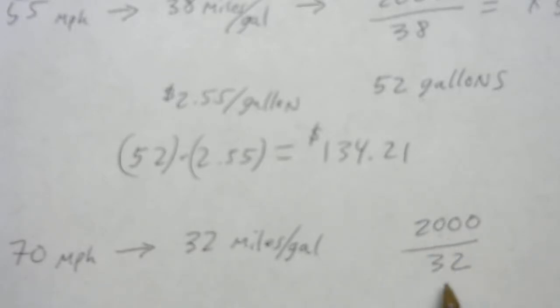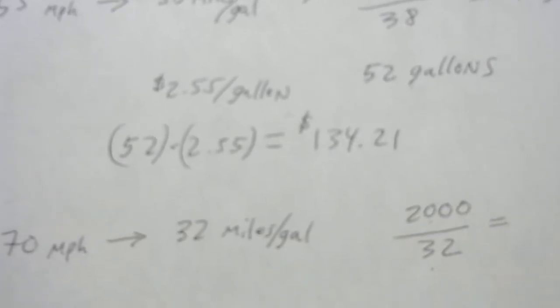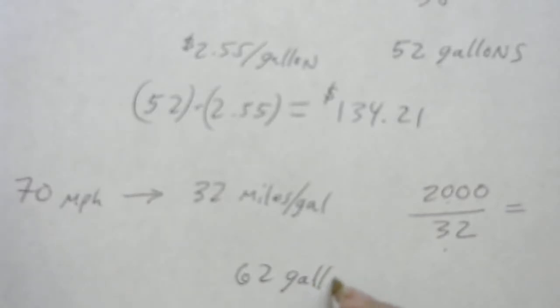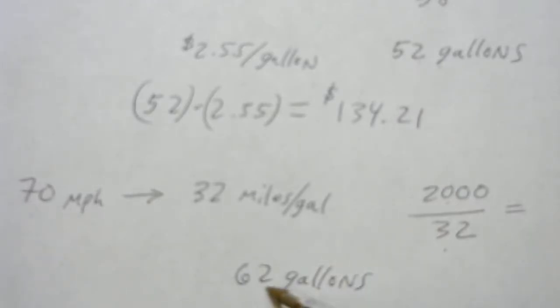So 2,000 miles divided by 32 miles per gallon gives me how many gallons again? That's going to require a little bit more, so that's going to require 62 gallons. So notice 52 gallons, and driving a little bit faster requires 62 gallons.